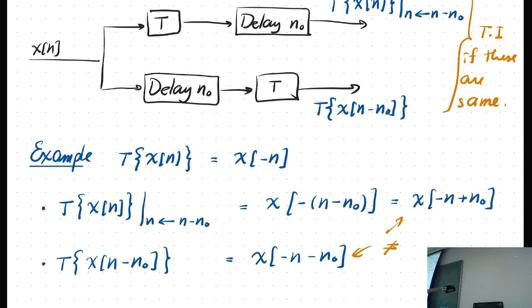The time information is only in n, but not n0. n0 is just a constant. So it horizontally flips the signal, left to right and right to left, without caring about n0. That's why we have the negative symbol only in front of n, not n0. So you see they are not equal, and this system is not time invariant.